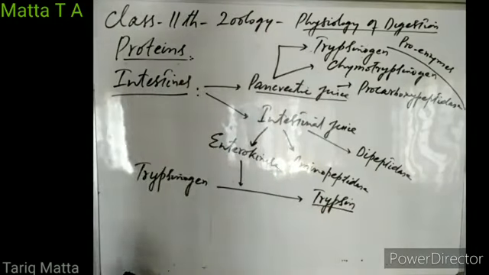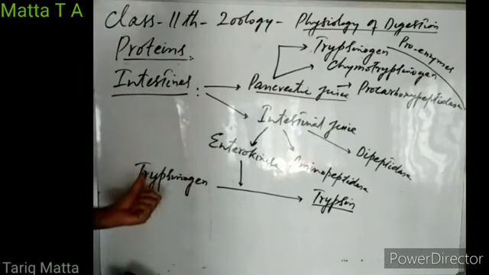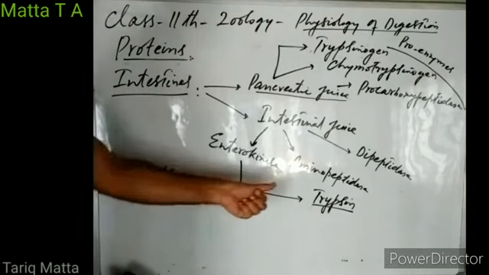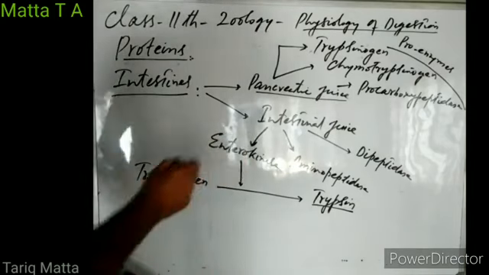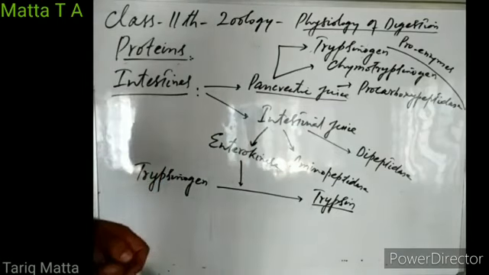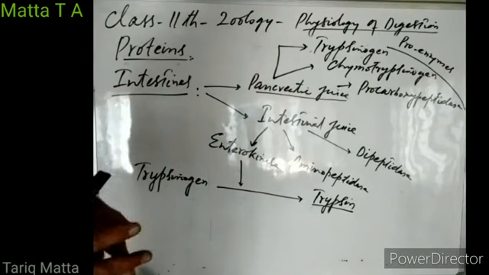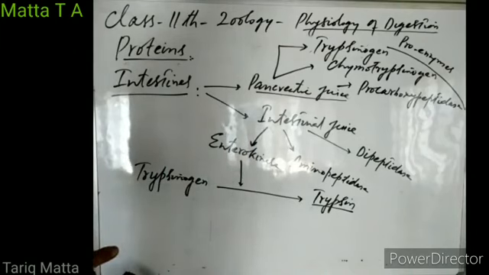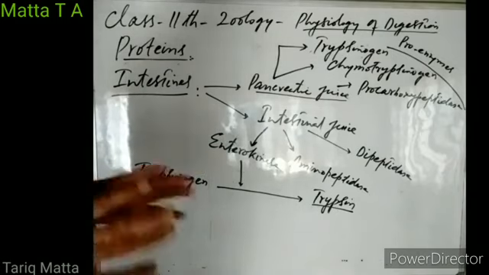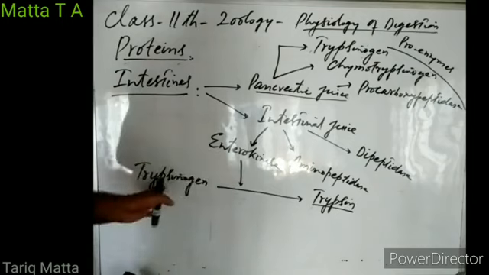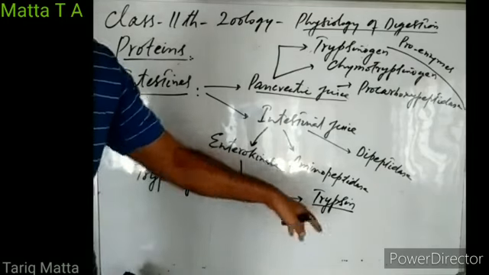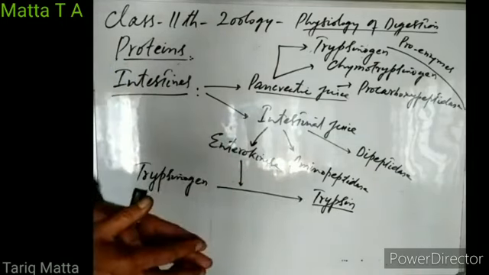So it carries out the autocatalysis of trypsinogen into trypsin. This enterokinase is the only protein digesting enzyme which does not directly digest the proteins. It helps us in the digestion of proteins indirectly. So how does it indirectly help? It is not directly involved in digestion of protein. The trypsinogen, which will be converted to trypsin, will be directly involved in protein digestion.